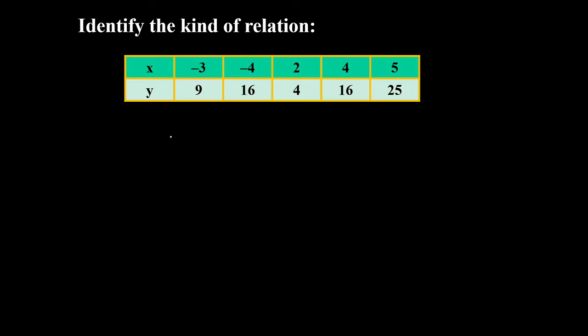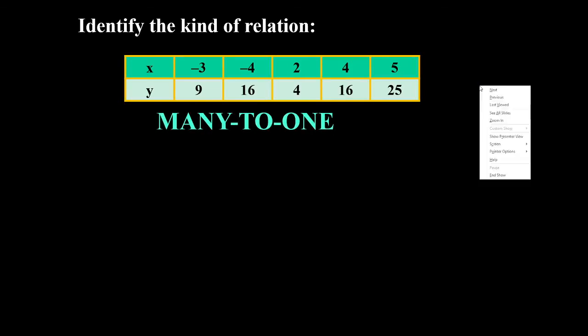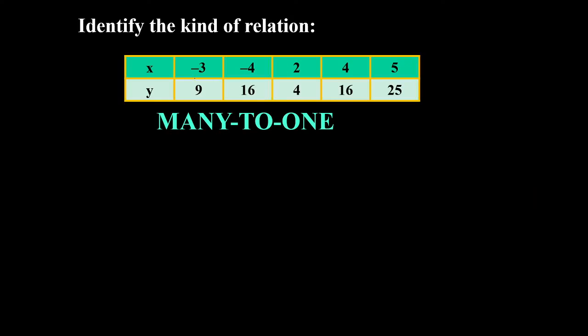Why is this many to one? 16, which is found in the Y. There is repetition in the Y values.